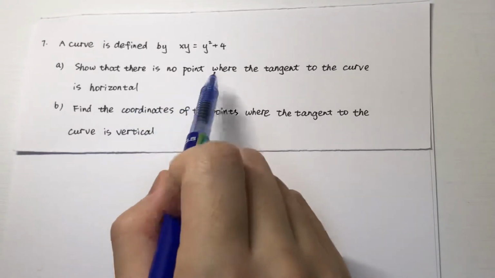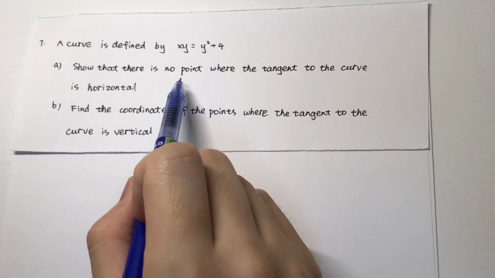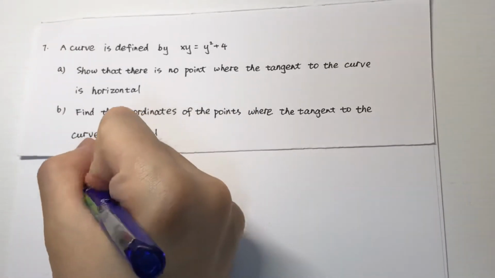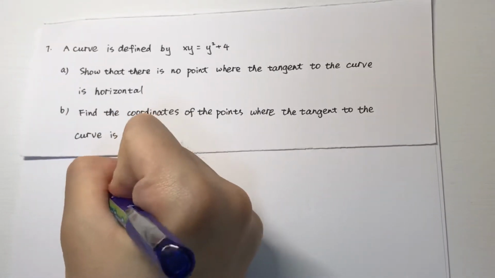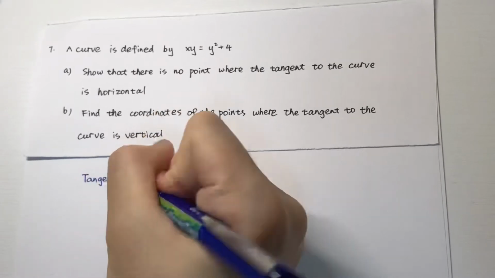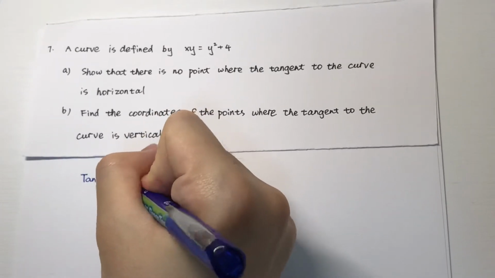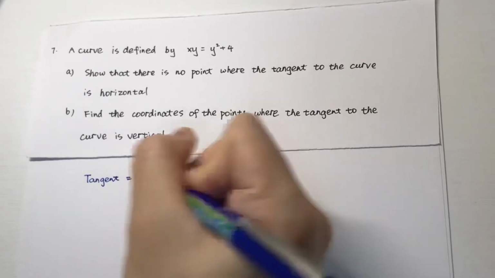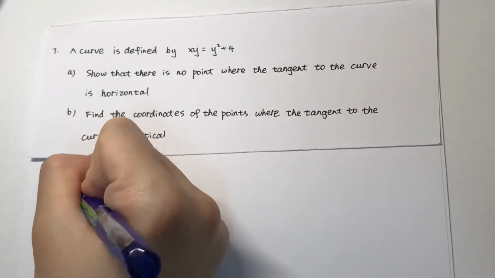It lets you prove that there is no point where the tangent line is horizontal. So the tangent line for the curve is given by the first derivative, dy/dx, the slope of the tangent line.